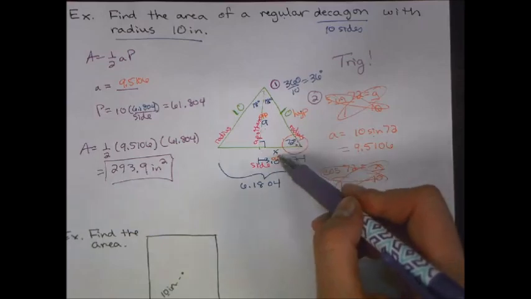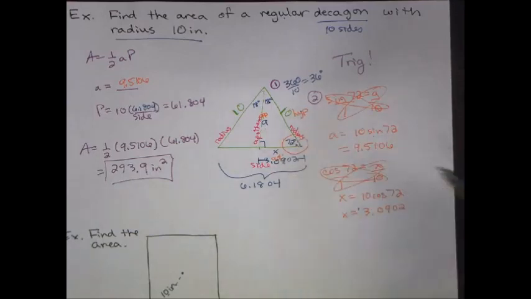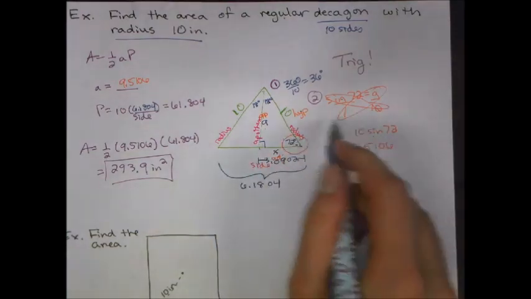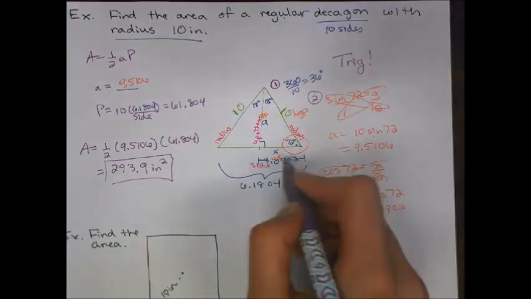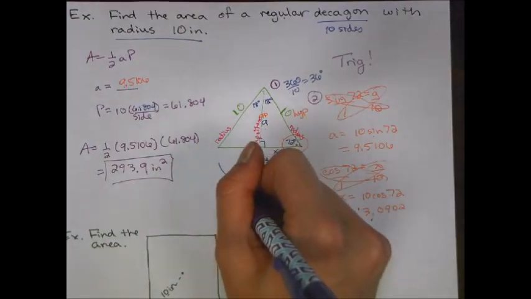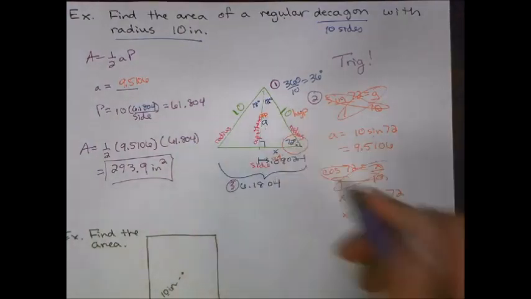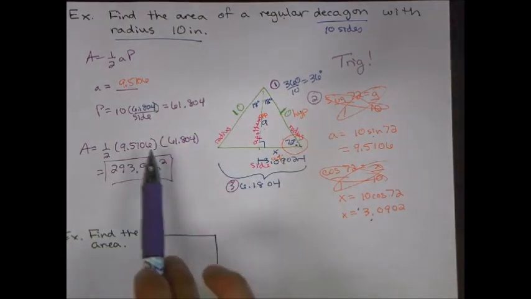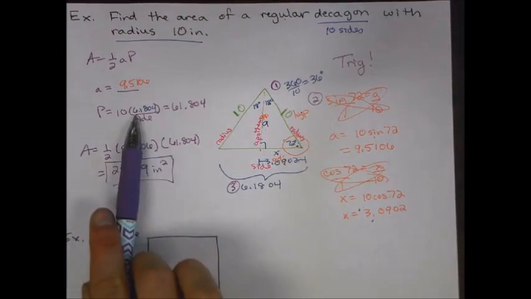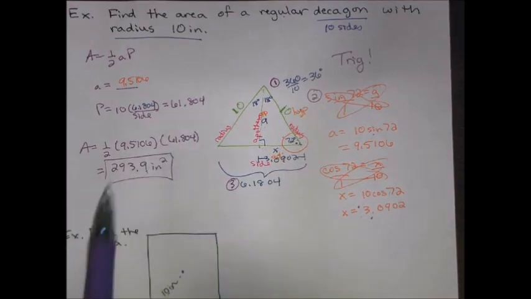From 72, X is the adjacent, 10 is the hypotenuse, using cosine. Once we found those, the A goes straight over here, but we only found half the side, so we have to times that by 2. So we found the side, plug it in to our perimeter, found our perimeter, and then found the area.